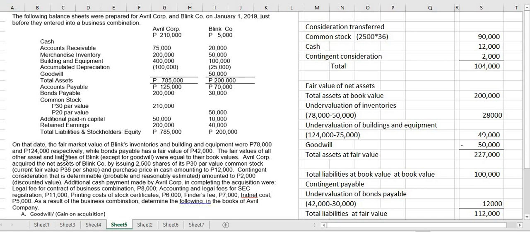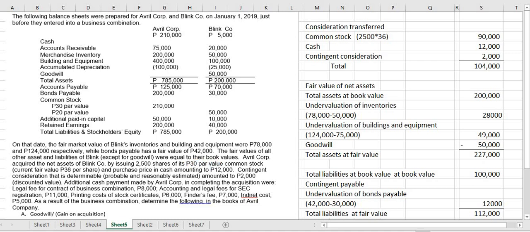Okay, so on that date, the fair values of Blink's inventories and building and equipment were 78,000 and 124,000 respectively, while bonds payable has a fair value of 42,000. The fair values of all other assets and liabilities of Blink Incorporated, except for goodwill, were equal to their book values.